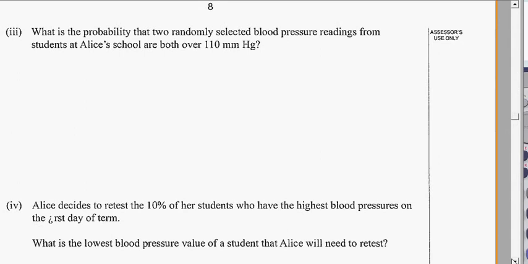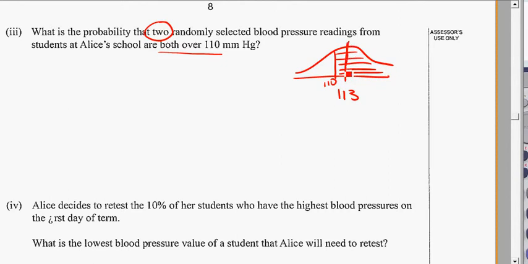Part 3. Probability that 2 randomly selected blood pressure readings from students are both over 110. So back to our curve. 110 this time is on the left. We want the probability of a blood pressure reading being over that amount. Once again, it's more than 50%, so it's going to be more than that.